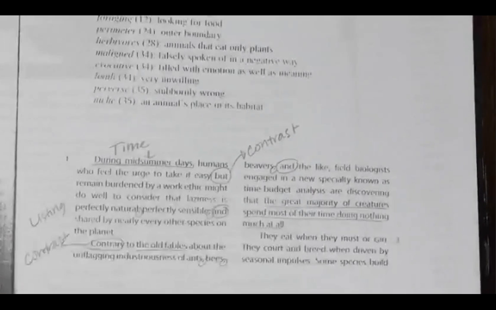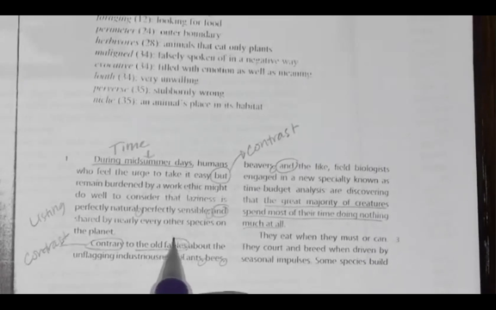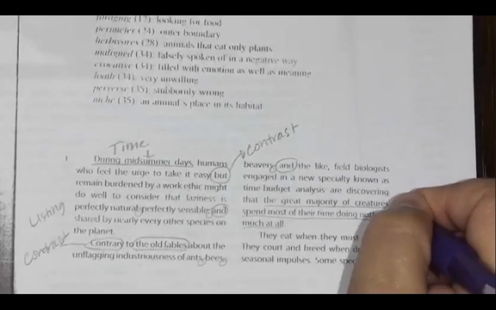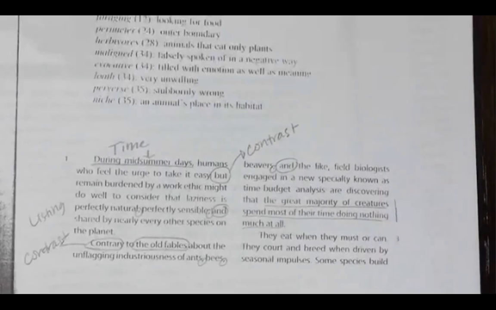They are busy doing nothing. Right? Exactly. So that's the contrast. We're contrasting that we have all these stories about how busy animals are, but in reality, they don't do much at all. Do you see the contrast between that? Yeah. Okay, so there's the contrast.